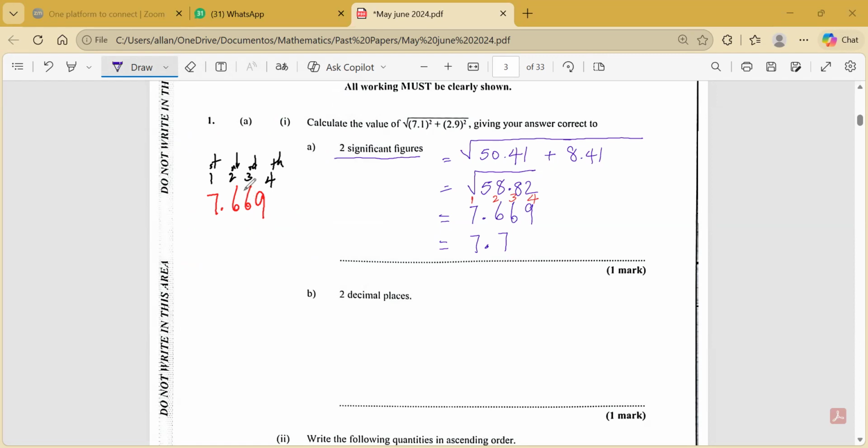Now, since I wanted two significant figures, I have to look at the third number. If it is 5 or more, which it is, I have to add 1. So my answer would now be 7.7. Is that okay, everybody? Everybody understands that?